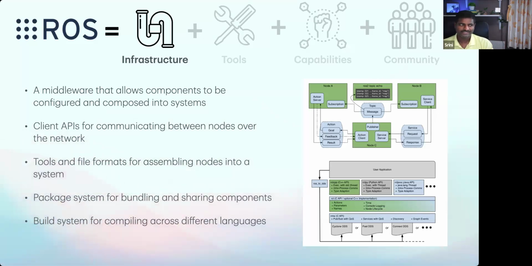What that means is, in the past, if you had some algorithm from someone else that you wanted to use, you would look for their code somewhere, and you'd have to package it in a way that works with your system. That by itself takes a lot of effort. In ROS, it says how a node should be defined. There are rules on how you set up a system and how it should be packaged.